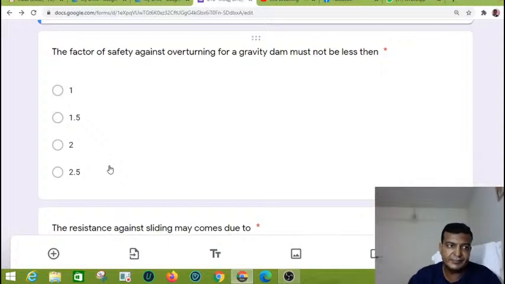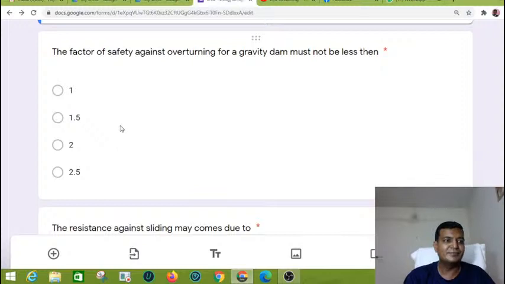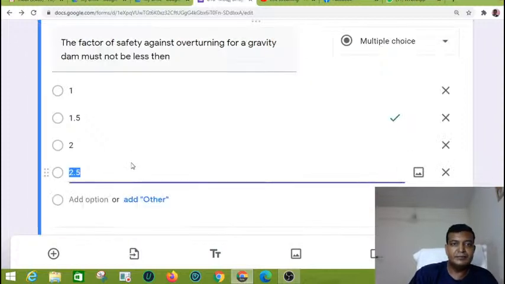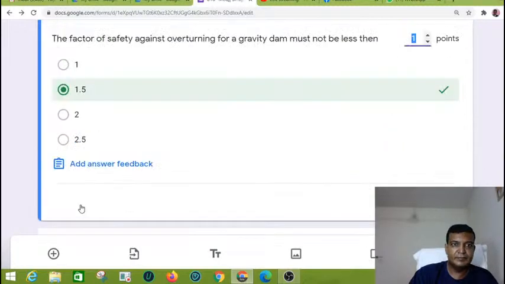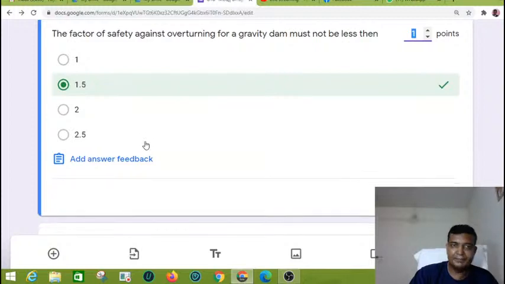So the answer is 1.5. This is a kind of repetition of the objective. Just a few objectives back we have seen this kind of objective, 1.5 only.